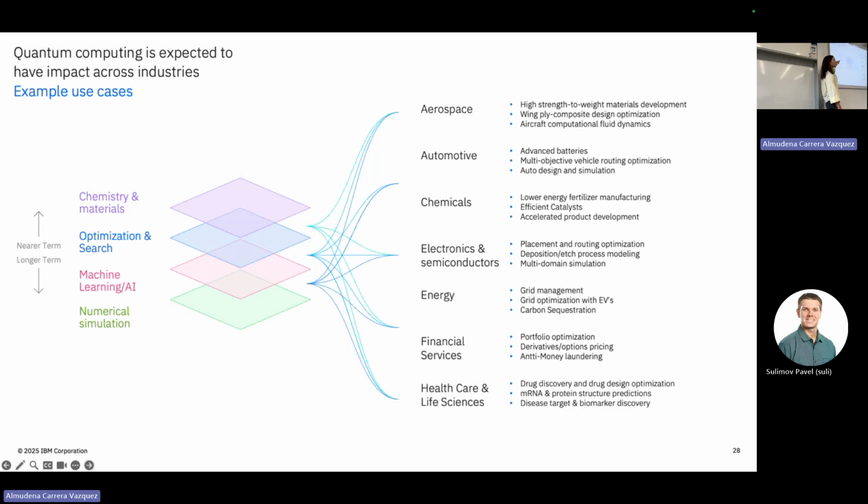Many people, including me, believe that the first application of quantum advantage will be some kind of dynamics simulations in chemistry, for example. That's why it's the first one. Then you have optimization and search, machine learning, AI, and finally numerical simulation. So numerical simulation, for example, solving systems of linear equations, PDEs, and so on. For these things, we know of algorithms that are probably better than classical.